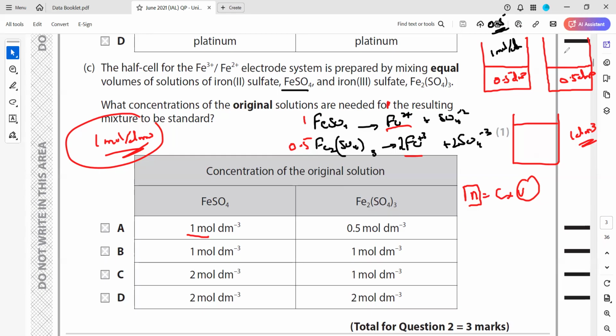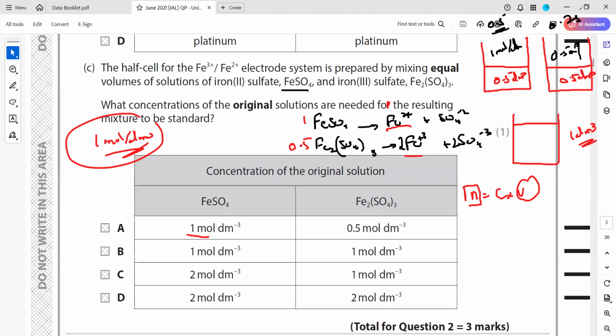And when I work out the other one, if I'm using a concentration of 0.5 mole per dm cube, then 0.5 multiplied by 0.5, what will I get? I'll get 0.25, because moles is concentration times the volume.